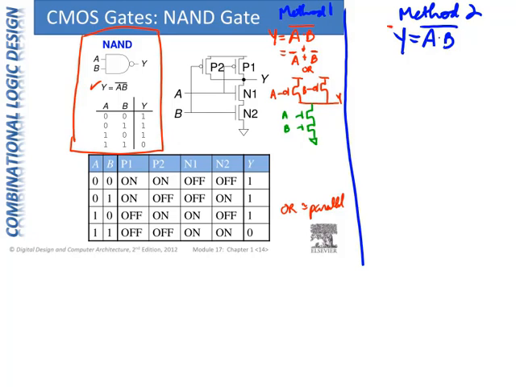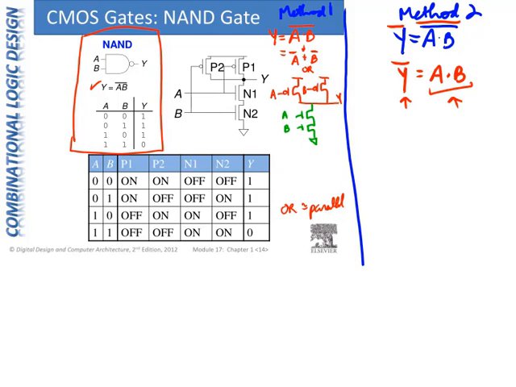So we could complement both sides to get an expression for Y bar equals A and B. That means we want Y bar to be true when A and B are true. Or in other words, Y should be 0 when A and B are true.